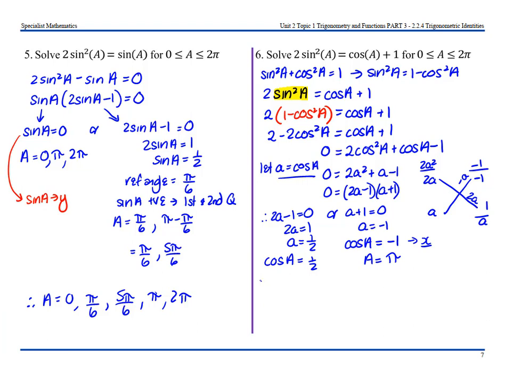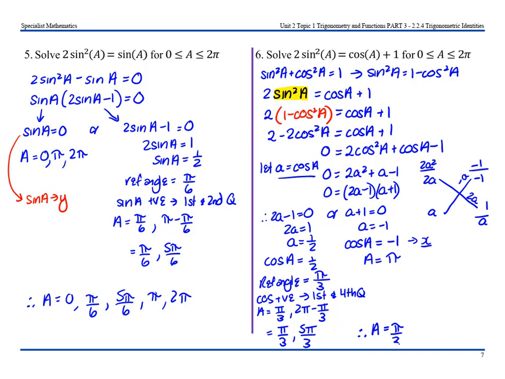For cos a equals a half, our reference angle is equal to pi on 3. Cos is positive, so we're in our first and fourth quadrants. So that means my a is pi on 3 and 2 pi minus pi on 3, which is 5 pi on 3. So therefore, my a is equal to pi on 3, pi, and 5 pi on 3.